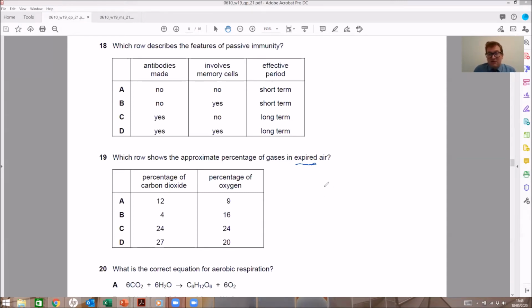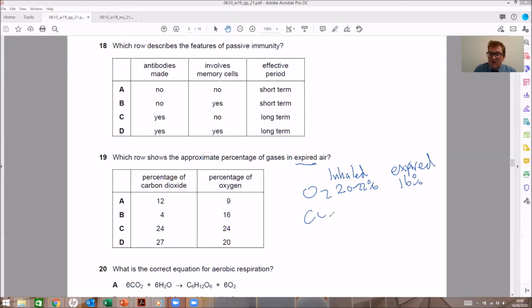But just to remind yourself, if we look at the inhaled air versus expired air, so the one that's exhaled. So just remind yourself that oxygen is around about, depending on the mark scheme, it accepts between 20 and 22% concentration. The expired air is around about 16%.